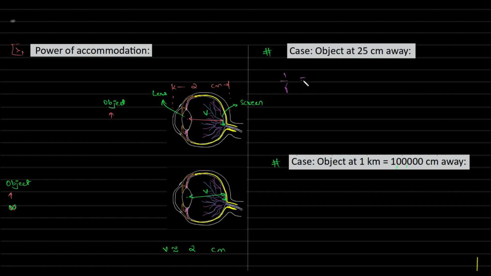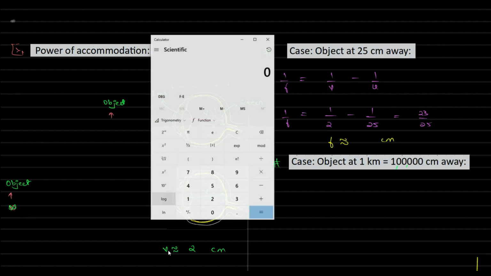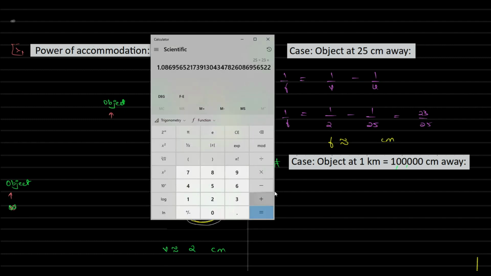So 1 by f is equal to 1 by v minus 1 by u is your formula. So 1 by f is equal to 1 by, the image distance is fixed to be 2 centimeter, and the object distance is 25. LCM is 50. So 25 minus 2, that is 23 by 50.